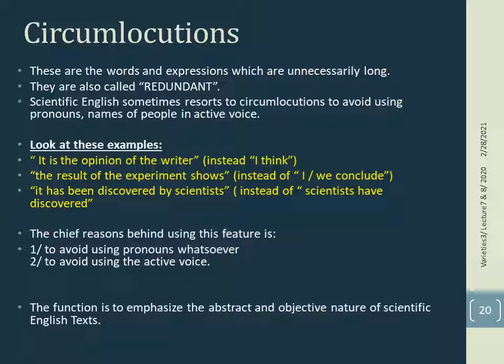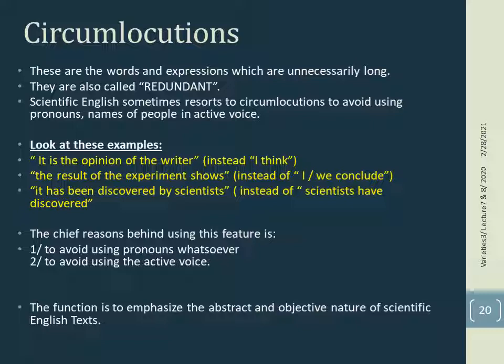Look at these examples. Instead of saying "I think", it is "the opinion of the writer". Look how long this is, okay? But circumlocutions are always desirable in this context. "The result of the experiment shows" instead of "I conclude" or "we conclude". "It has been discovered by scientists" instead of "scientists have discovered".